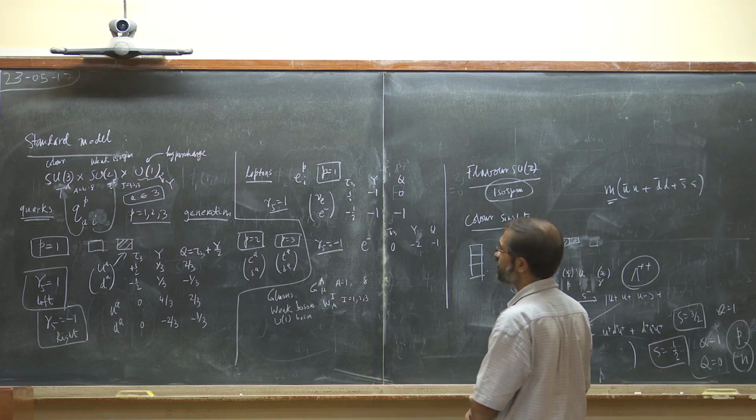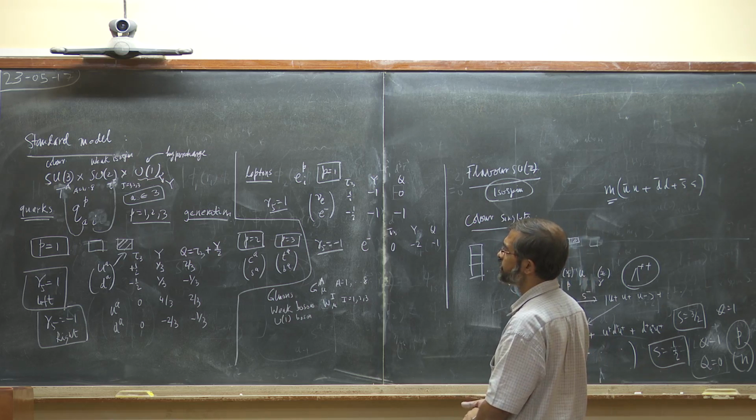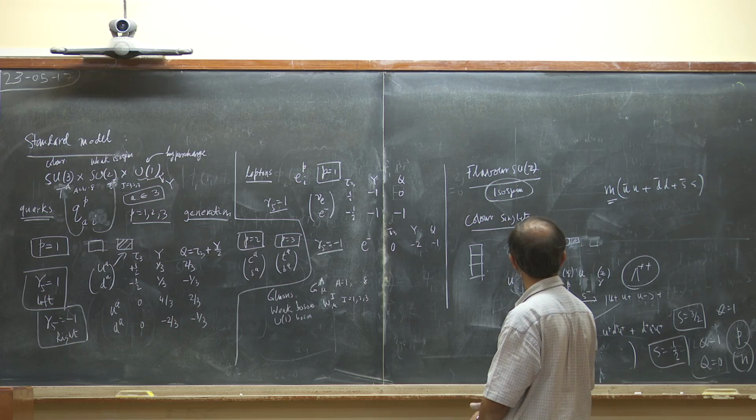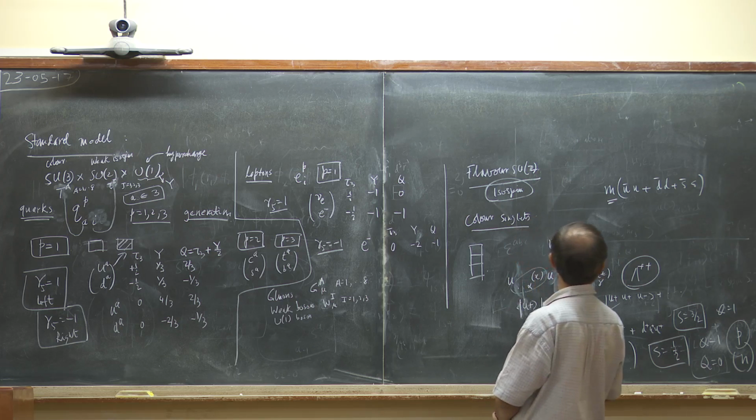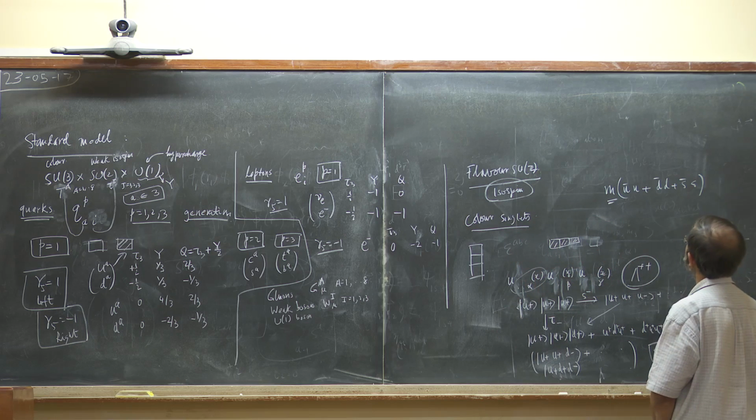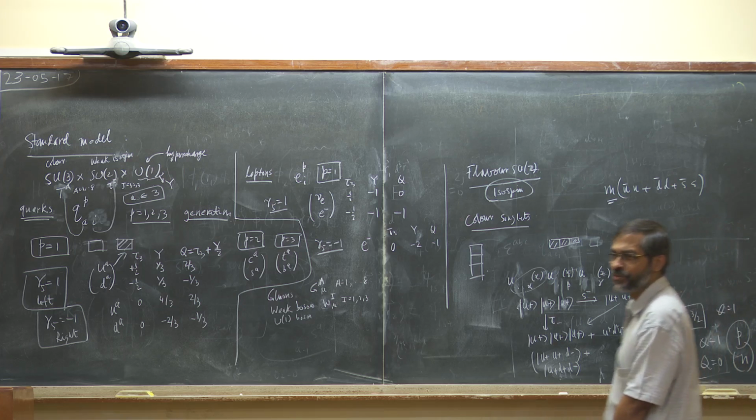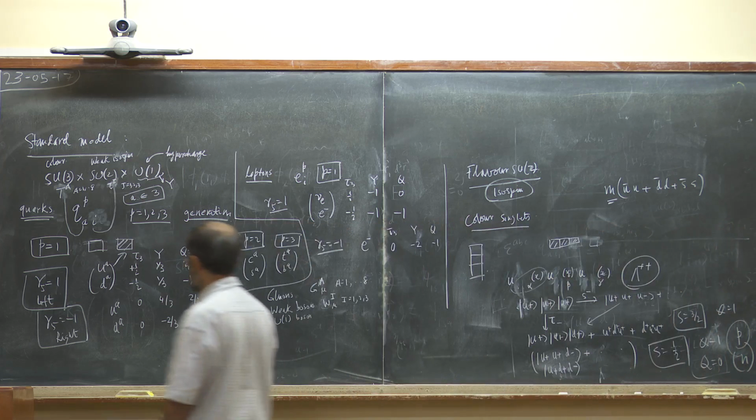The SU3 part of it, yeah, there is a U1 part of it, which is like it's counting the number of U, D and S. I don't know what exactly that U1 is doing.